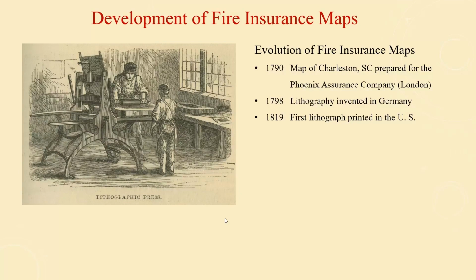This made it a lot easier to print things like maps. That map we just saw probably had to be printed with a copper plate etching, which takes a lot of time to do. So that contributed to the development of the maps.